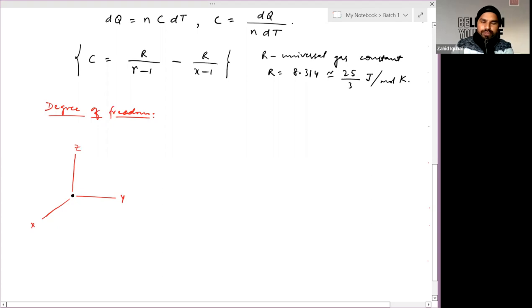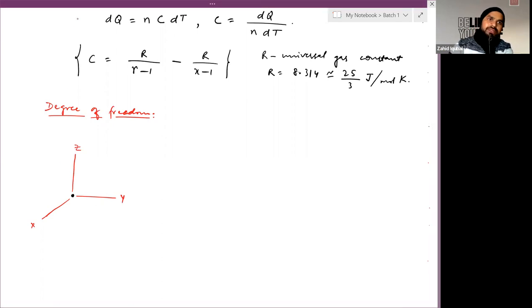It means this monoatomic particle will have a tendency to move along these three different coordinate axes, so it will have translational motion, due to which it may contain translational kinetic energy. So in this part, it has three different ways of translational kinetic energy. So the number of ways in which a particle may contain energy is called its degree of freedom. So for this monoatomic particle, it will be 3.